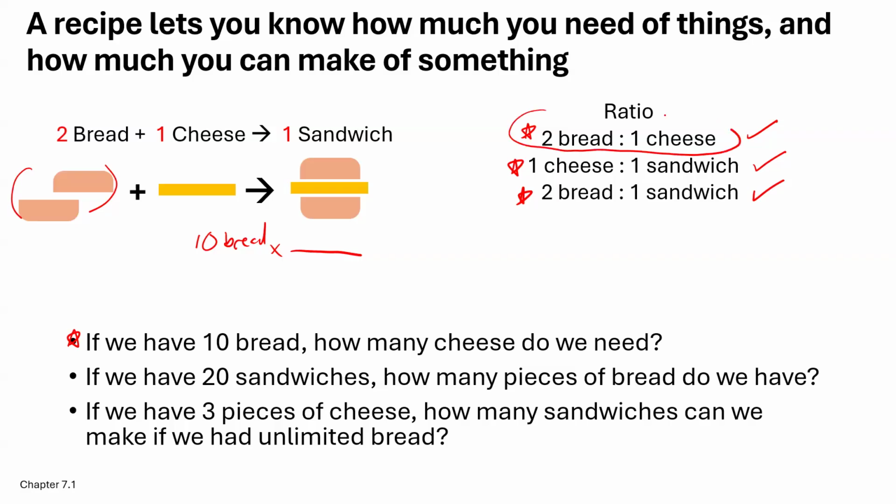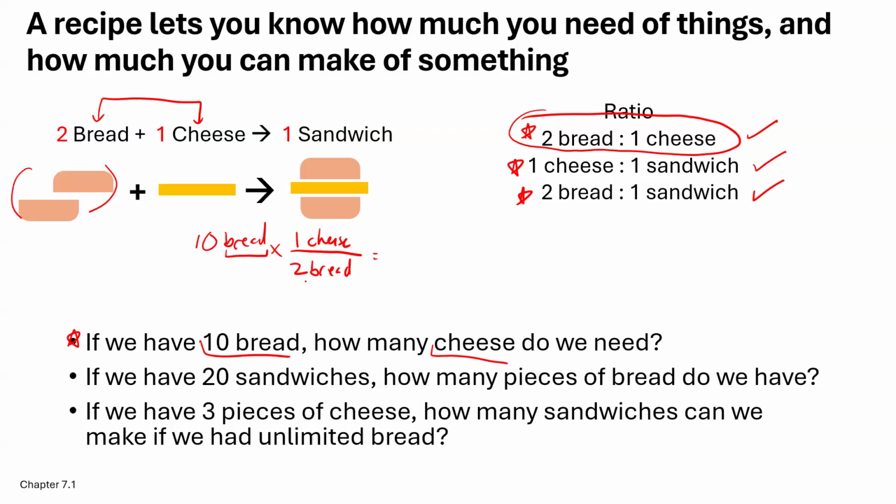Well, the ratio is 2 bread to 1 cheese. Because bread is what we know, I want to put the bread on the bottom here, and 1 cheese on top. We're comparing bread to cheese because it's asking how much cheese we need if we know we have 10 bread. So we're going from bread to cheese. The bread is what we know.